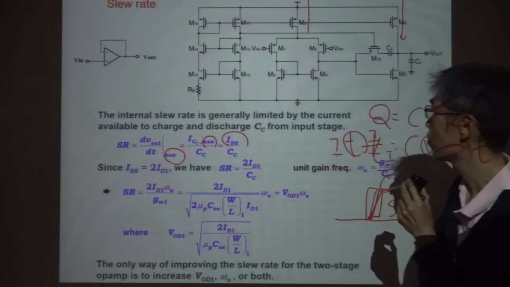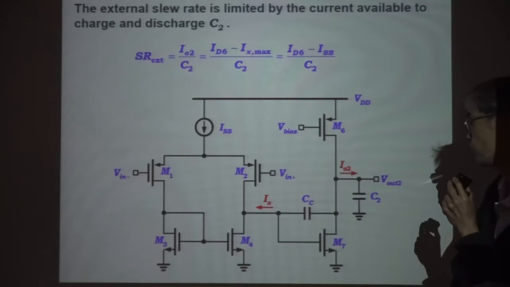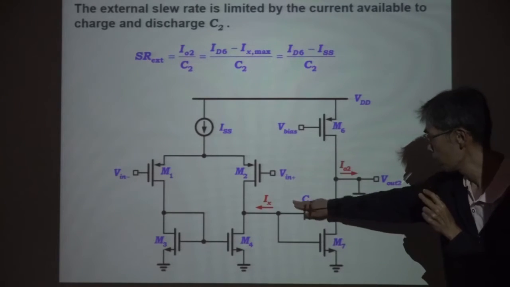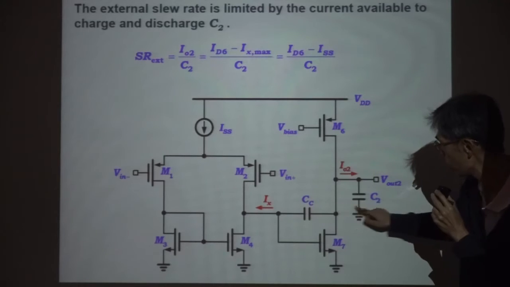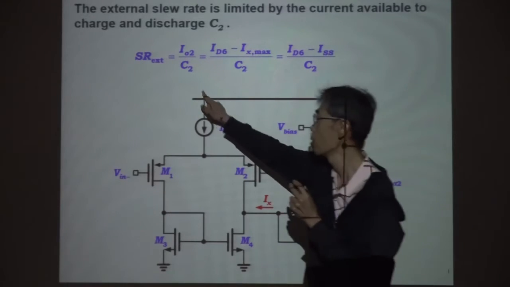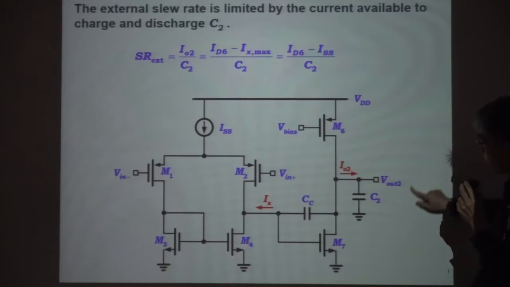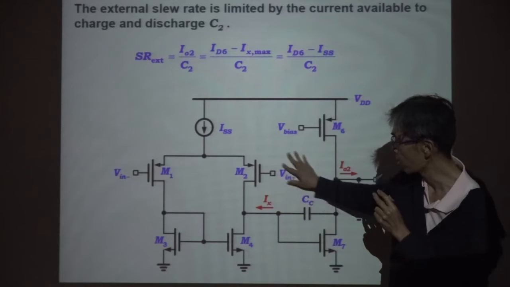Next page. We have internal slew rate. This is internal slew rate. We have external slew rate, which depends on this one, C2. So again, this is external, connected to the output. This is internal, inside the circuit.